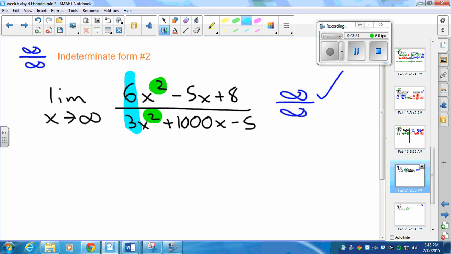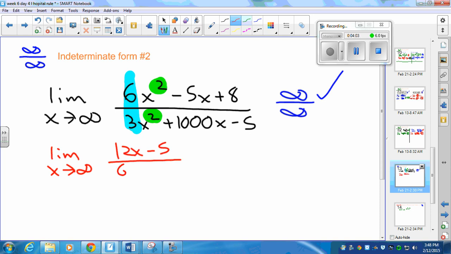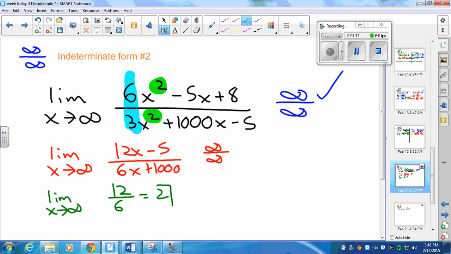Let me show you that by hand. So this is limit as x goes to infinity of 12x minus 5 over 6x plus 1,000. Plug in infinity, I get infinity over infinity, which means I can do it again. So I go limit as x goes to infinity, and I get 12 over 6, which equals 2, and I stop.